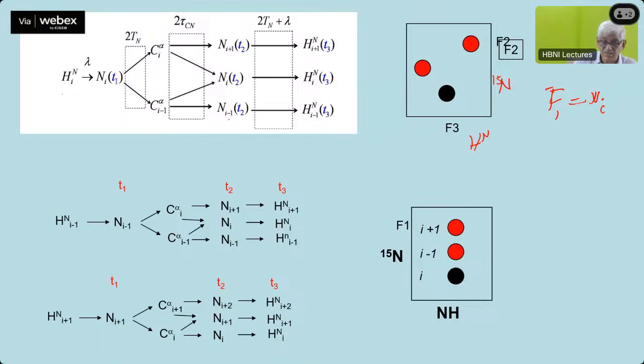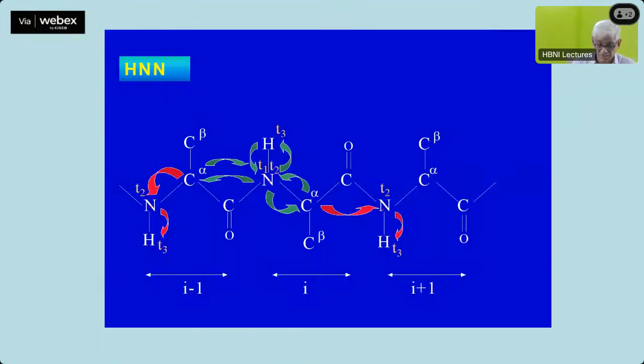Did I make a mistake there? This is correct, no? Yeah, same. N(I plus 1) should go in the same manner. HN(I minus 1) to N(I minus 1). Let's say this is HN(I minus 1) to N(I minus 1), N(I) to C alpha.